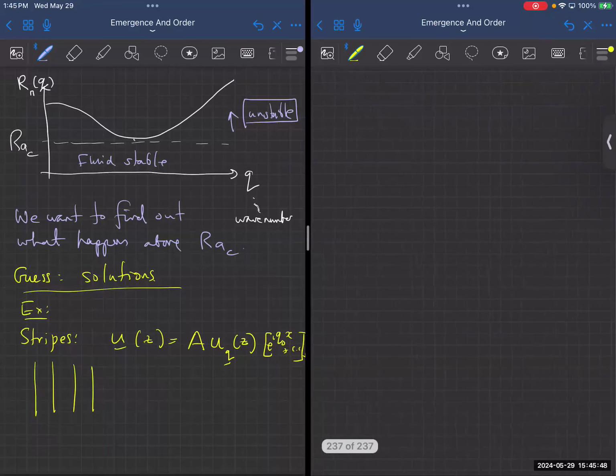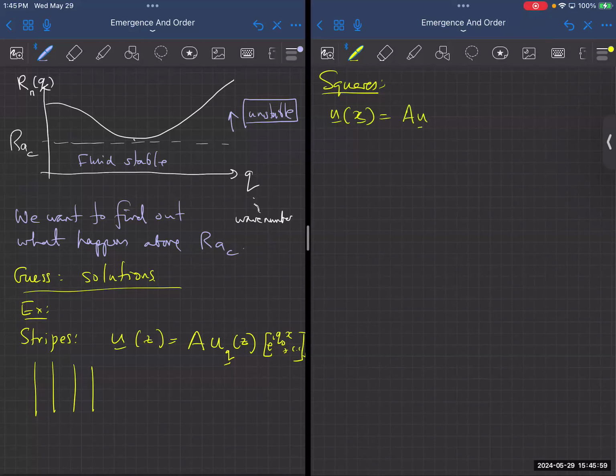You could do squares. So you could say u of x is equal to an amplitude u q of z in the z direction, and then e to the i q x x plus e to the i q y y plus the complex conjugate.